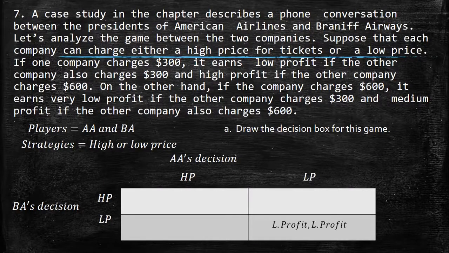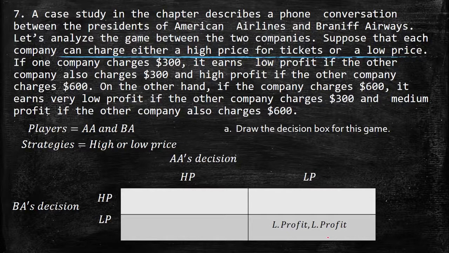Then the first one: if one company charges 300, it earns low profit if the other company also charges 300. Because it's low price and high price, we identify 300 as a low price. So we are here where both will have low profit. Okay, this is the situation. Both low profit because both lower the ticket prices to low price.